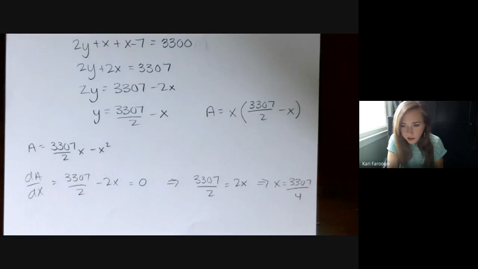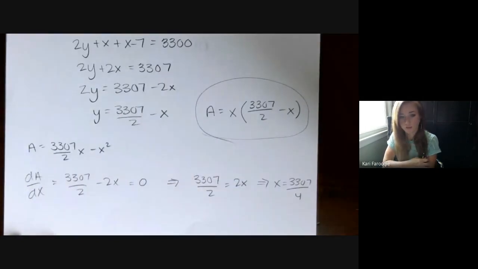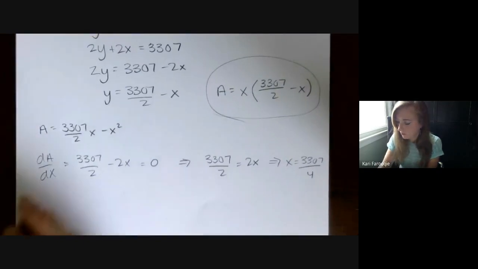Your question was asking what's the largest area that can be enclosed. Well, here's your area expression, the equation. So if you want to get a decimal, fine, but I wouldn't truncate if I were you.